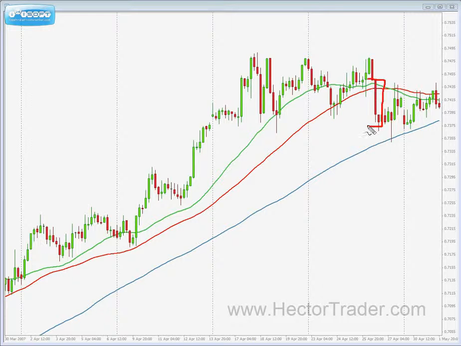Not only does price plummet down across the 50, not only does it breach the 100, we get a crossover. That's it, the party's over, guys.